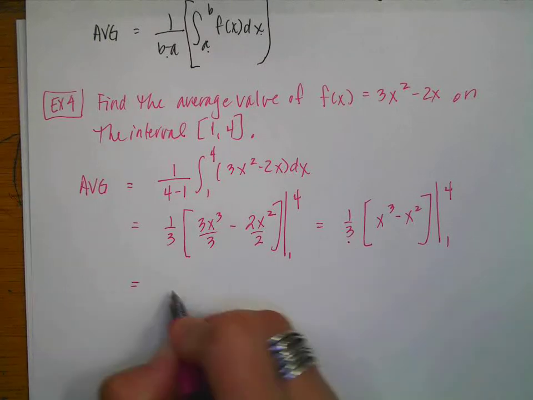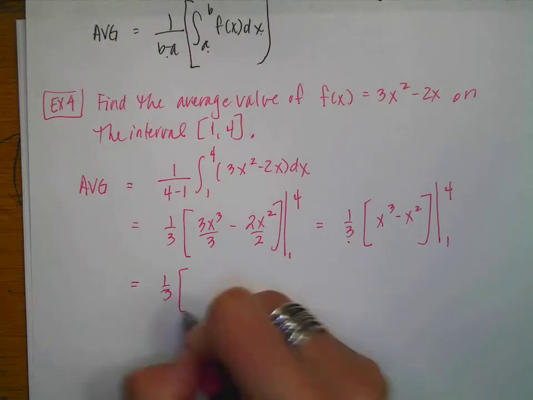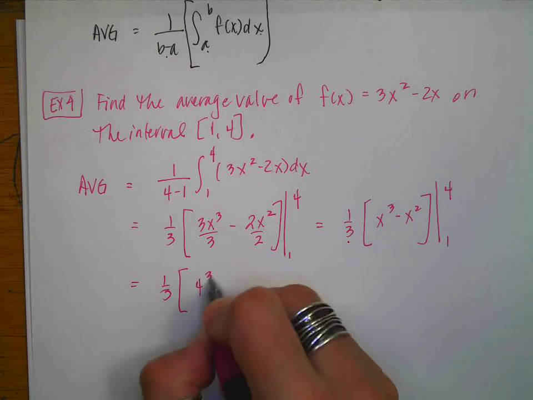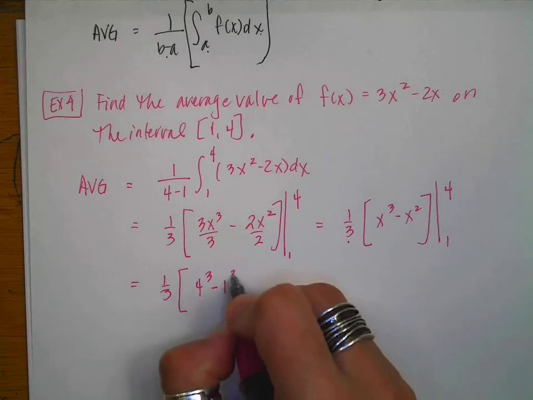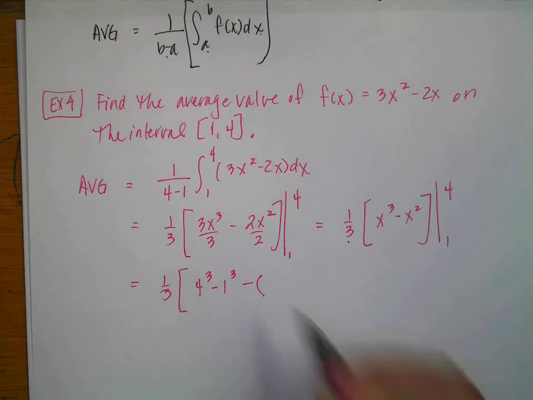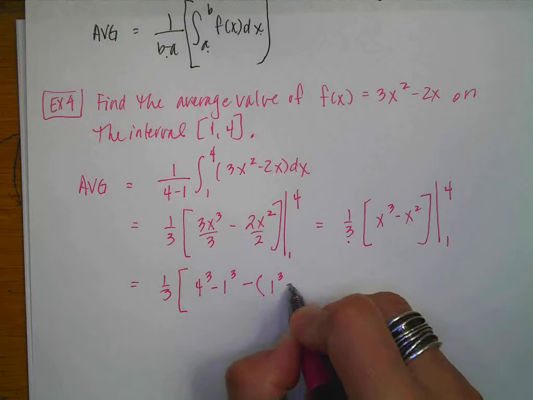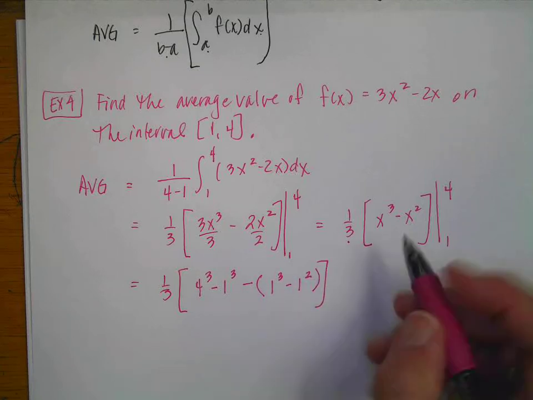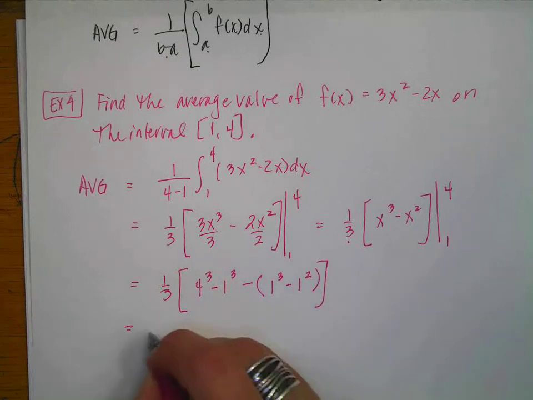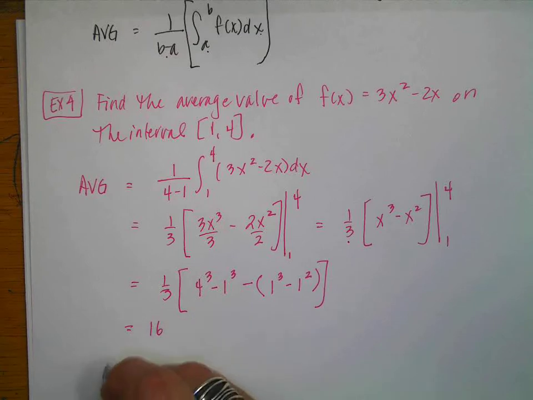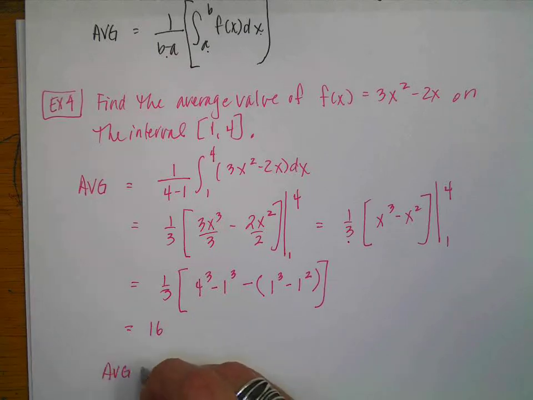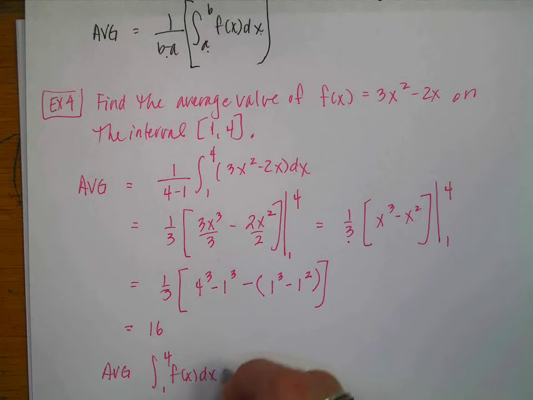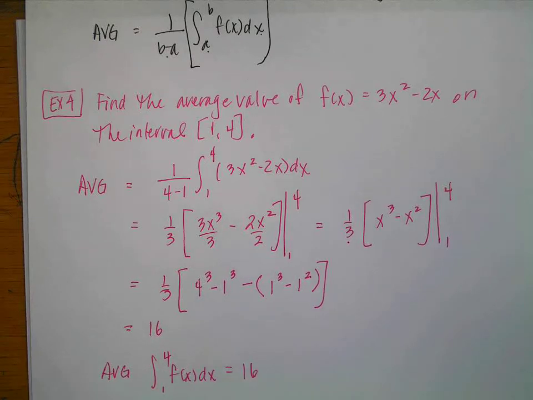This guy can stay outside, so this would be 1/3 times 4 cubed minus 1 cubed minus, and I'm going to put it in parentheses, 1 cubed minus 1 squared. And then when I do that math, I would end up with 16. So the average value of the integral f of x dx is going to equal 16.